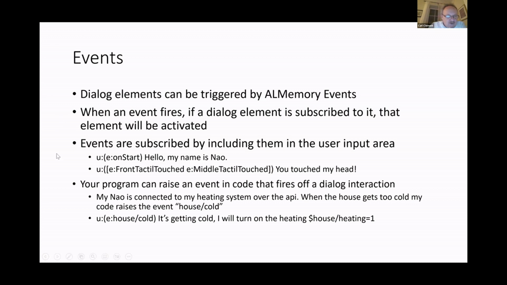In Dialog, we can have an event called house cold. When that event triggers, Now will say it's getting cold, I'll turn on the heating, and he then raises an event called house heating and gives it a value of 1. So in my program sitting on Now, that tells Now to send a message to my heating system to turn my heating on.